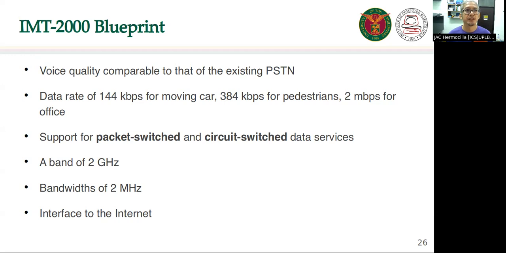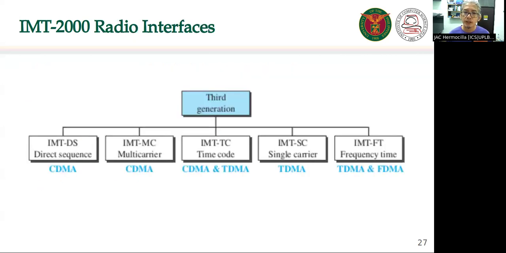And since this is cellular communication, one priority is that it should interface to the internet, which was also developing during that time. These are the radio interfaces in IMT 2000: CDMA, CDMA, TDMA. These are the different radio interfaces supported by IMT 2000.